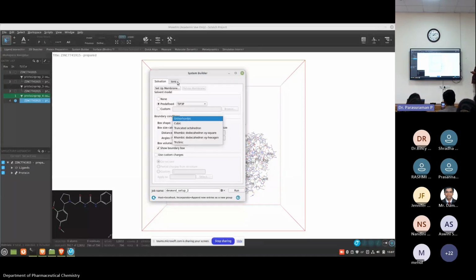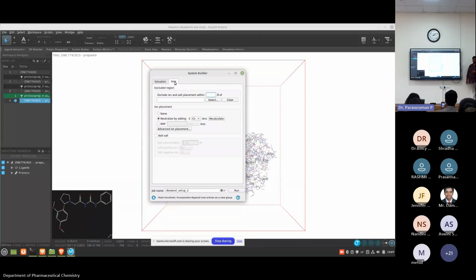Once you click show boundary box, the boundary box will be visible to you. Then if you click minimize volume, we are restricting the complex to the particular box. So that step is the preparation of the periodic boundary box, which I explained. After that we'll be ionizing.